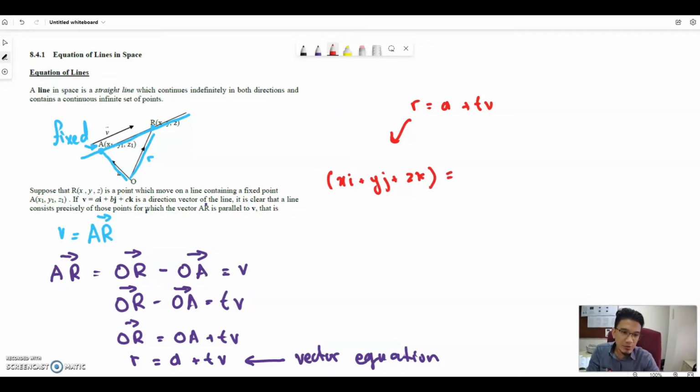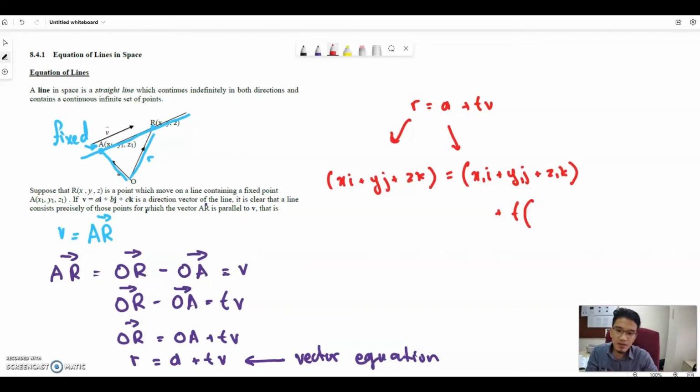This is equal to vector A, which is from the origin to the fixed point A. So we know the value for fixed point A, but for now I will only use x1 i plus y1 j plus z1 k to represent A, plus t, which is a scalar, and then V, the vector from A to R.